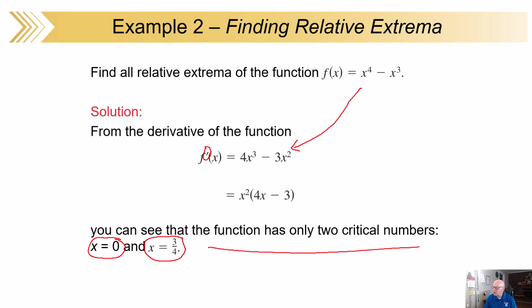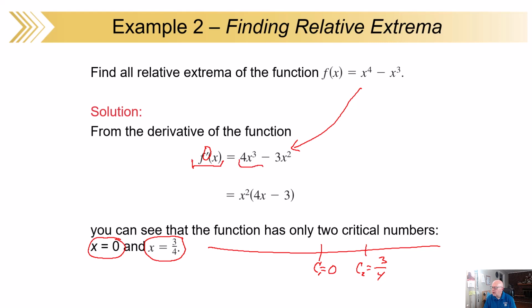Now what does that do? Here's your number line. And here's one critical number at 0, another critical number, let's say it's critical number 1, critical number 2, this one's at 3/4. Also take note that that derivative doesn't have any undefined values.